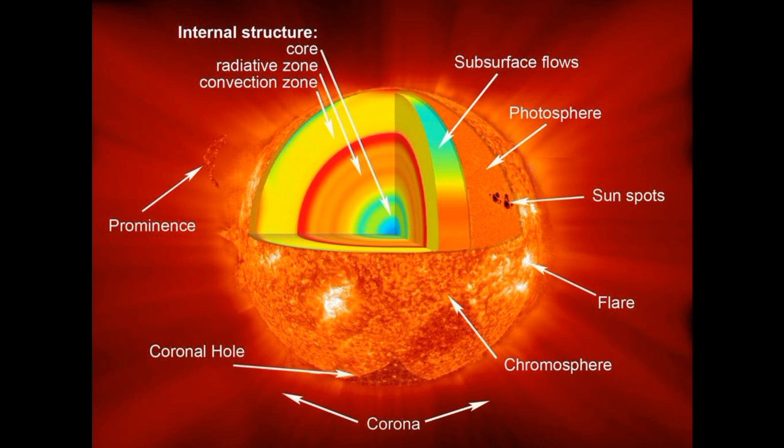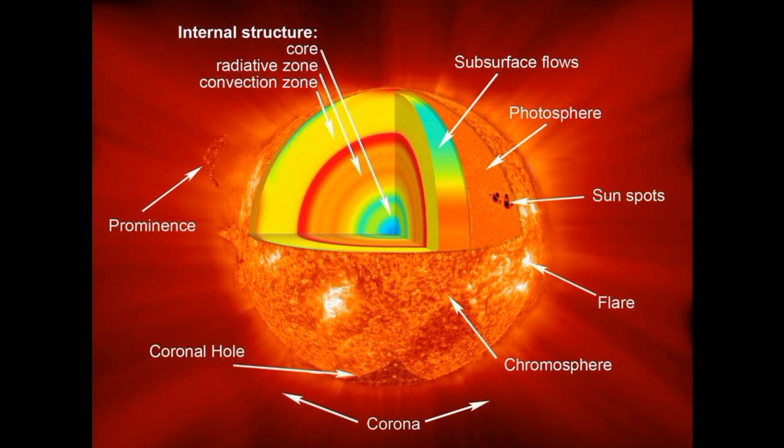The sun's structure and composition. Core. The core is where nuclear fusion occurs, producing the sun's energy. Temperatures here reach about 27 million degrees Fahrenheit, 15 million degrees Celsius. Radiative zone. Energy moves outward from the core through this zone by radiation. Convective zone.